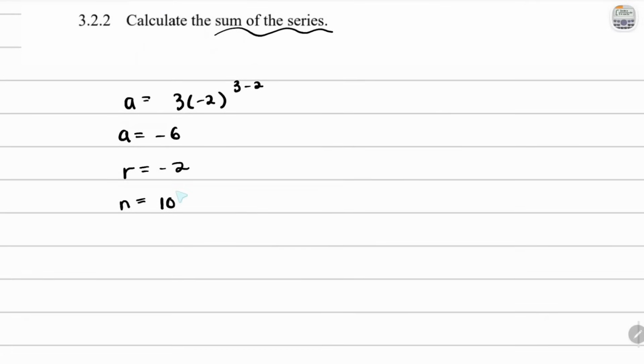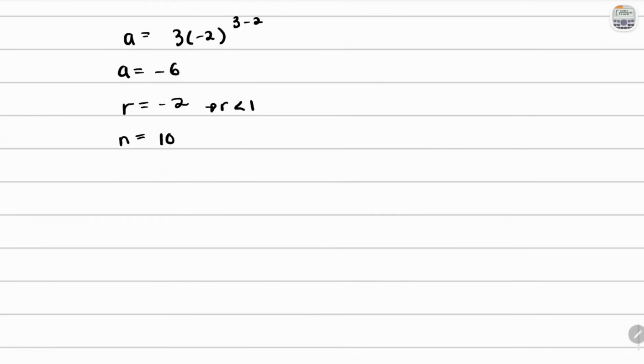So for the sum of the series, because r is a value that is less than 1, we're going to go ahead and use this formula. So we'll say Sn is equal to a multiplied by 1 minus r to the power of n over 1 minus r.